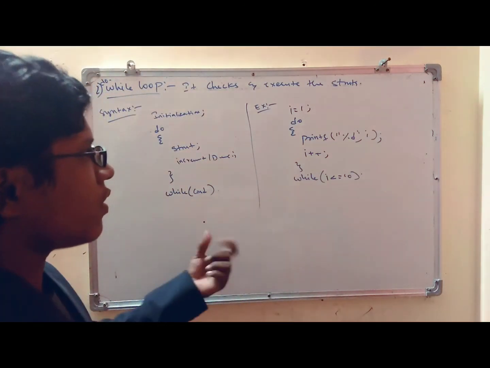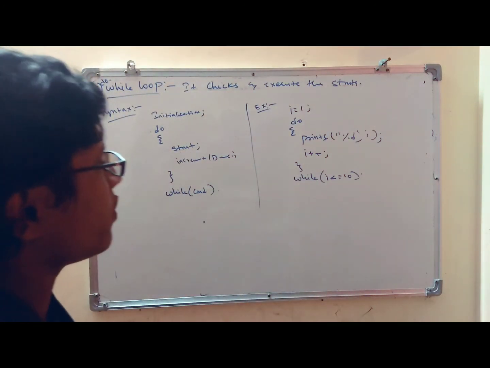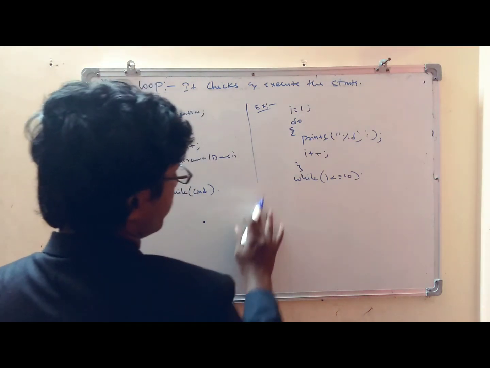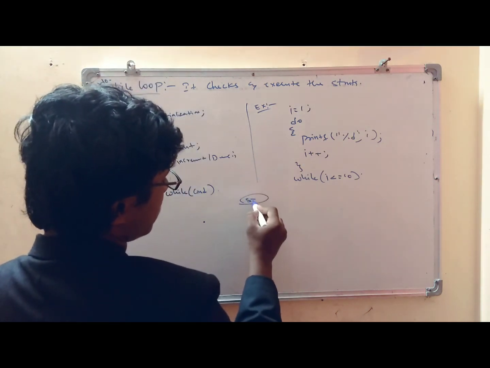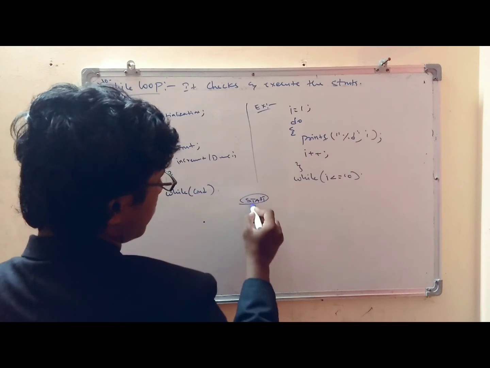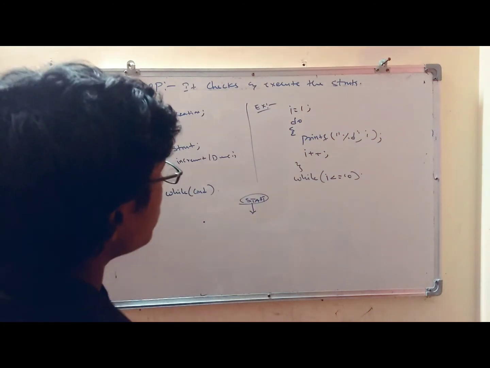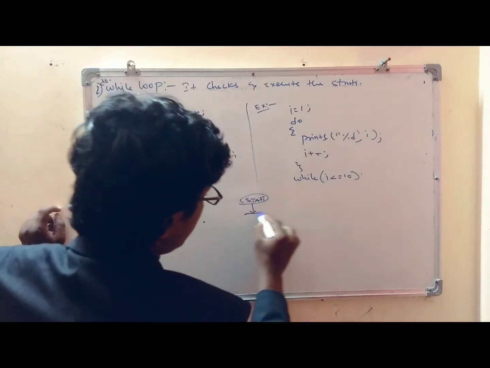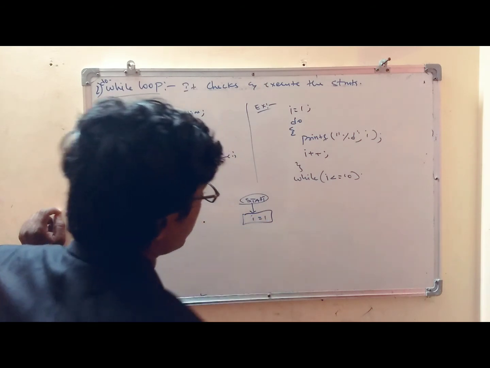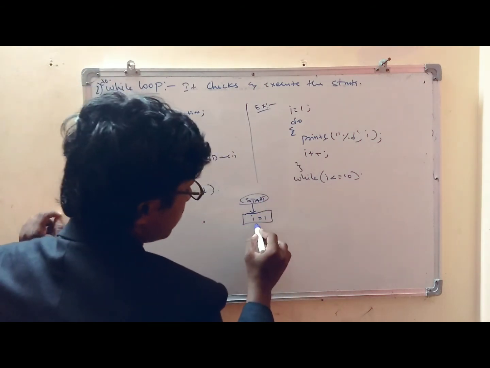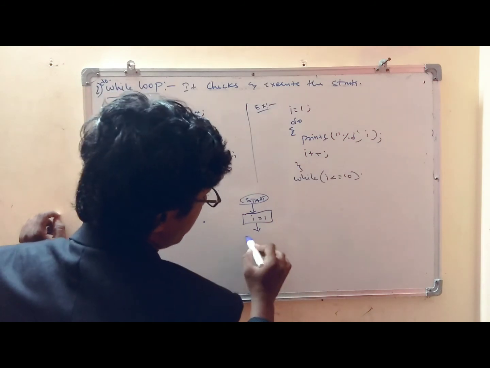So this is the program for the do while loop, and the flowchart. Start. After that we have initialization, i = 1, and after that it will go to the statement.